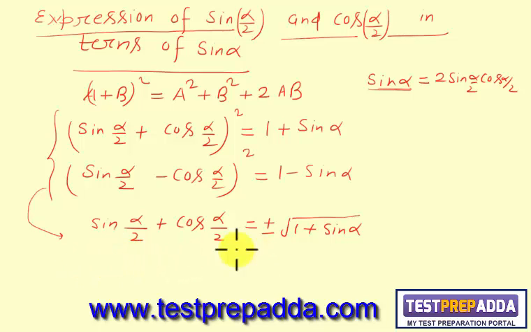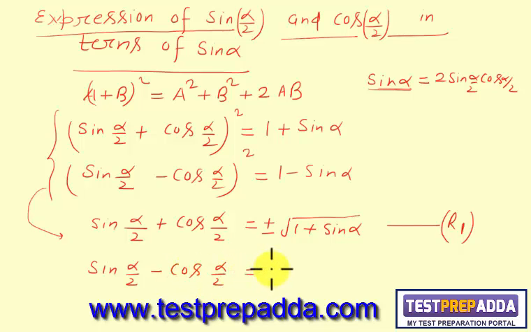Consider this as relation 1. And sin alpha by 2 minus cos alpha by 2 can be written as plus minus root 1 minus sin alpha. Consider this as relation 2.